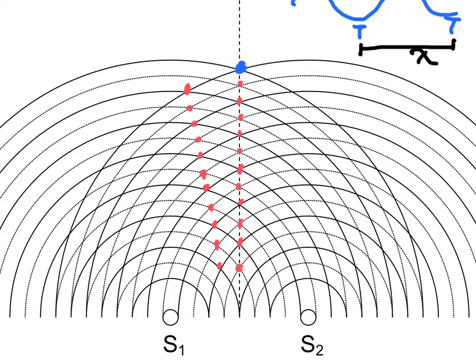And in fact, you see the same thing over on the right side. Once again, you can see the symmetry of this pattern. So what we're going to say now is that every single point along this line or that line, you also get a crest meeting up with another crest, or a trough meeting another trough.